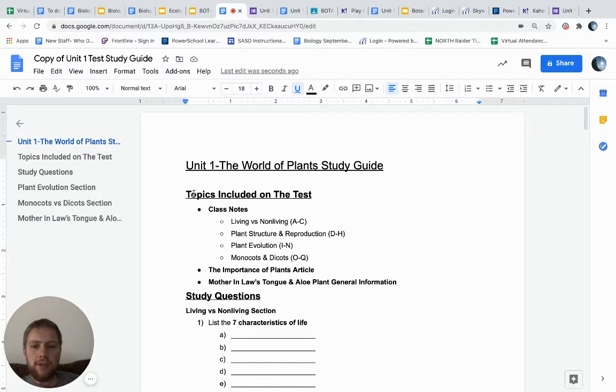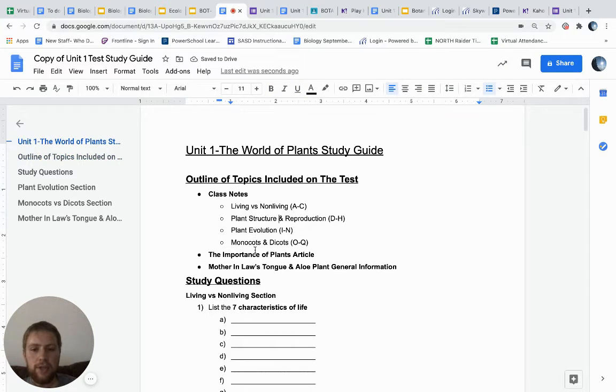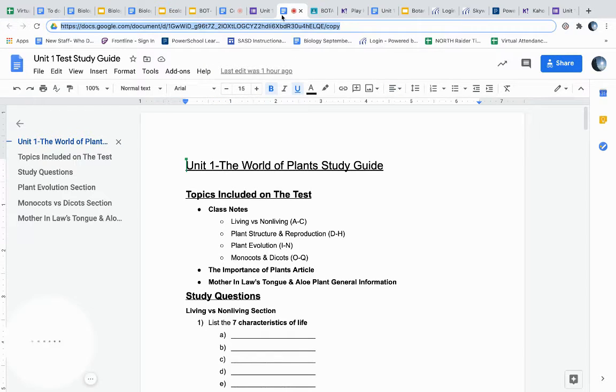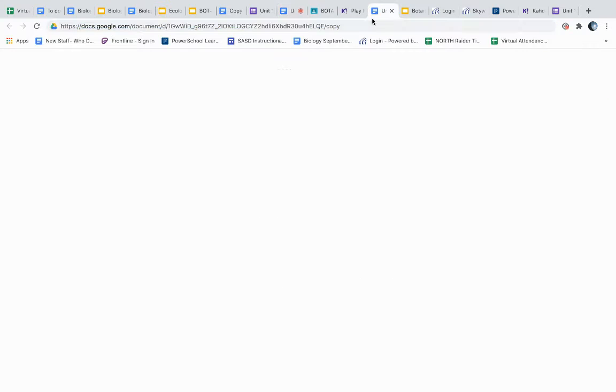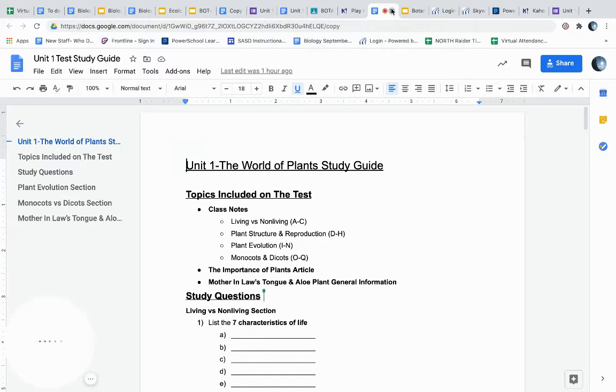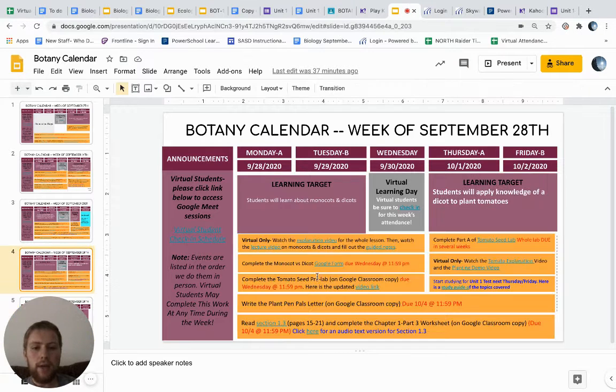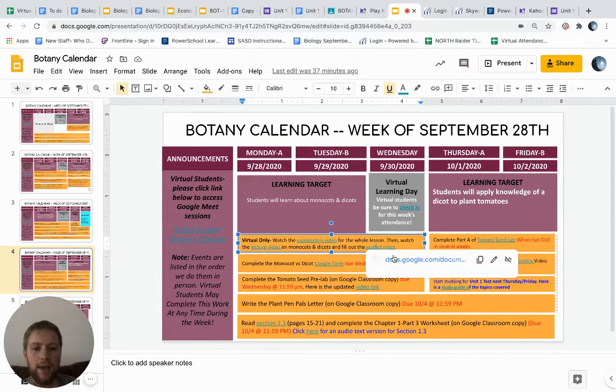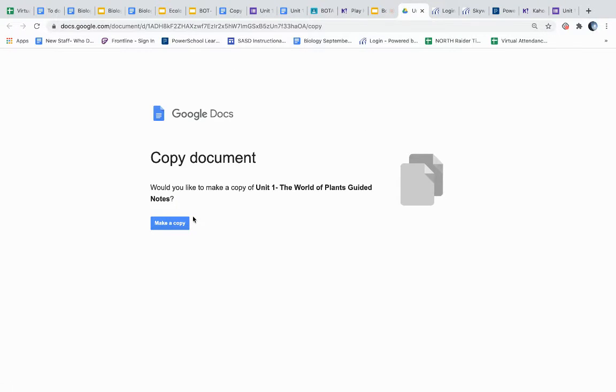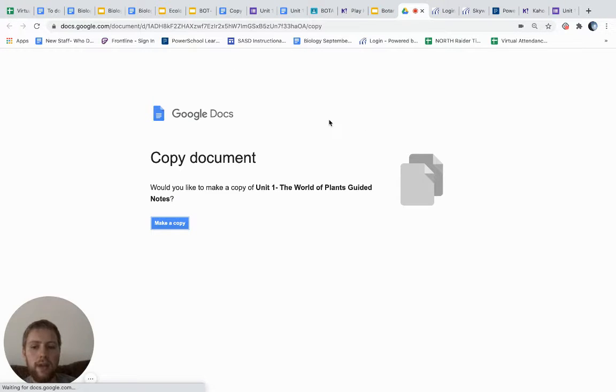So here is the basic outline of topics included on the test. Make sure you look through these. Now these A through C, D through H, correspond to our note guides. If we recall, and I can bring that up on our note guide, each of our slides has a letter that goes along with it.